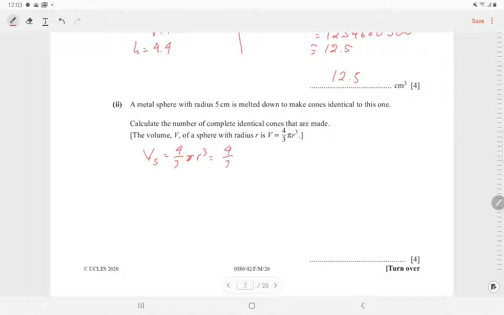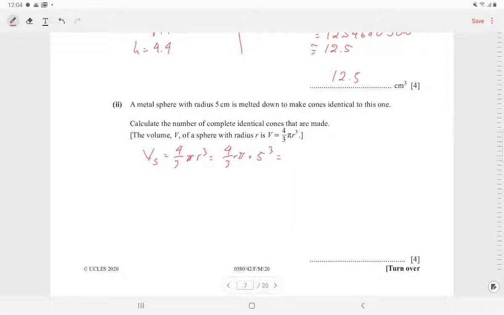So 4 over 3 pi, the radius is 5 cubed. So we have 4 over 3 times pi times 5 cubed.